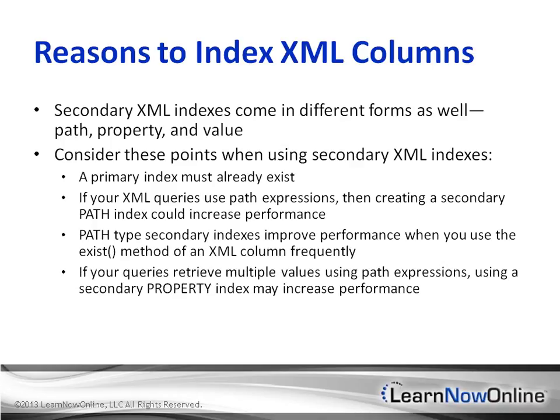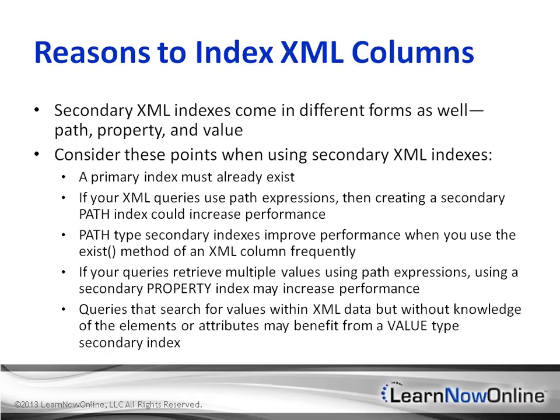And if your queries retrieve multiple values using path expressions, using a secondary property index may actually increase performance. Queries that search for values within XML data, but without knowledge of the elements or attributes, may benefit from a value type secondary index.